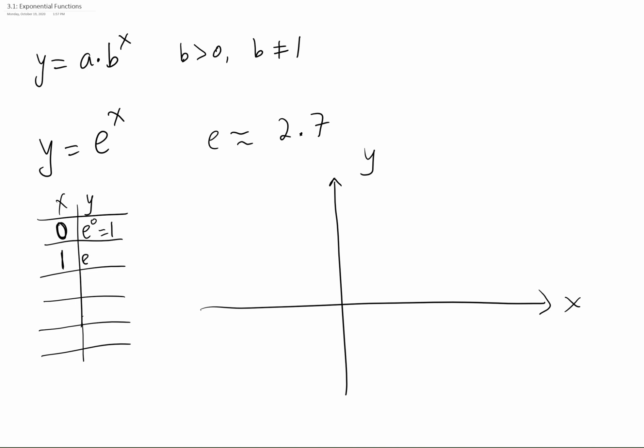Take 1. E to the first power is about 2.7. E to the negative 1, x equals negative 1, is 1 over e, 0 point something. If you do 2, e squared, and put it on the calculator, it will give you 7 point something.